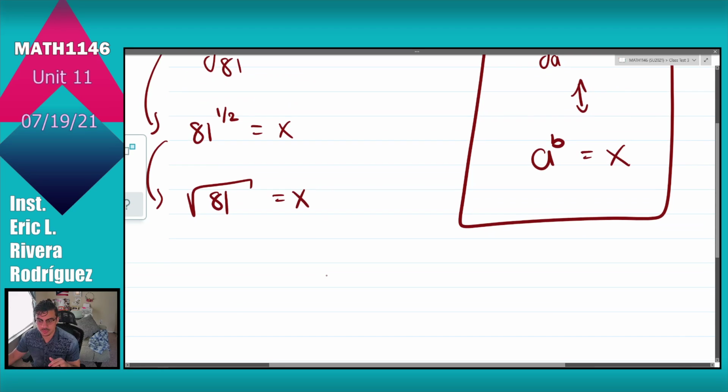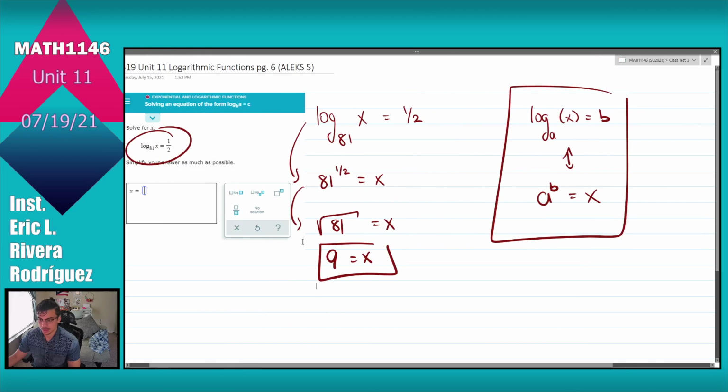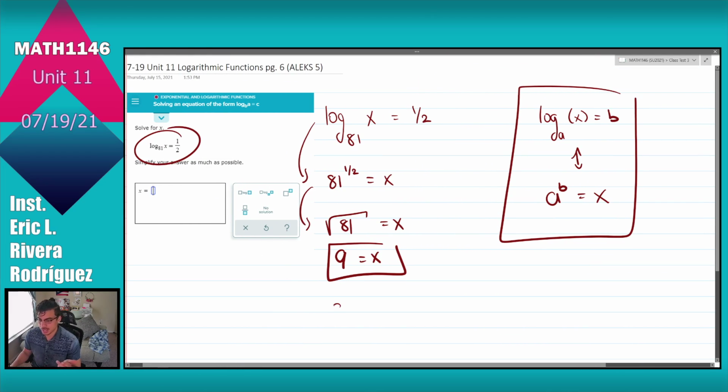And the square root of that number, in this case 81, is 9. So x is equal to 9. It makes sense because 9 squared is equal to 81. So that is the value for x.